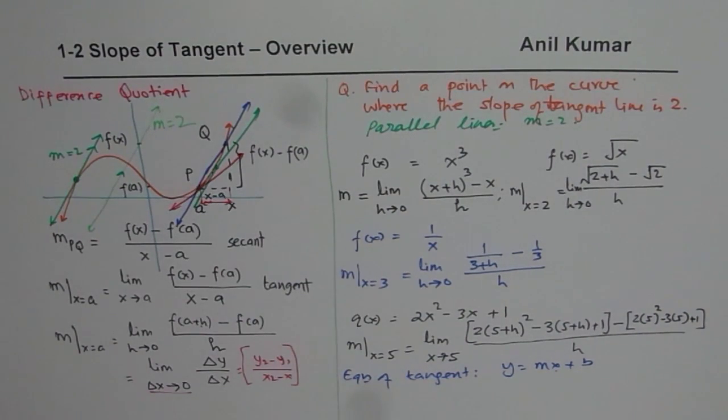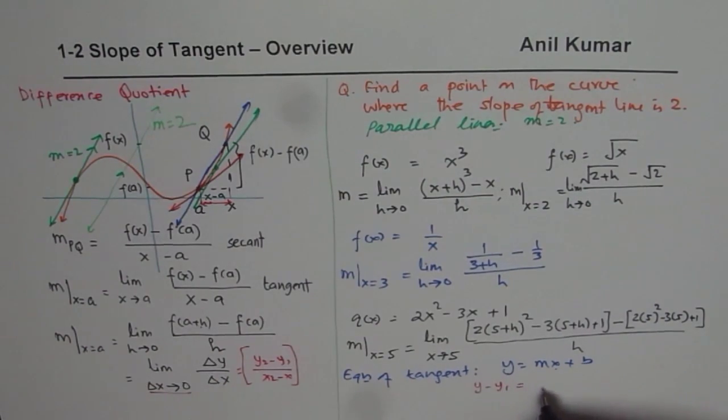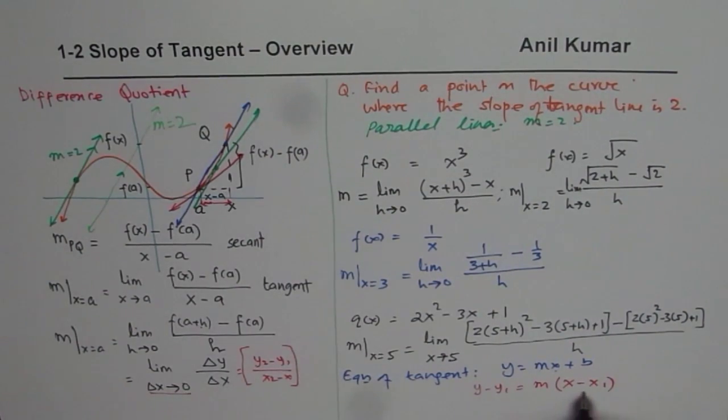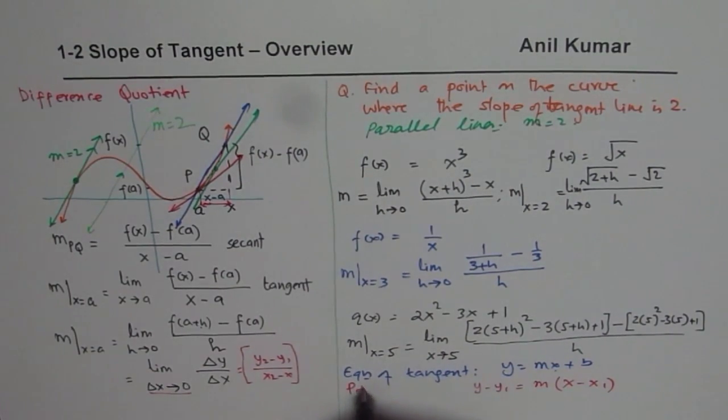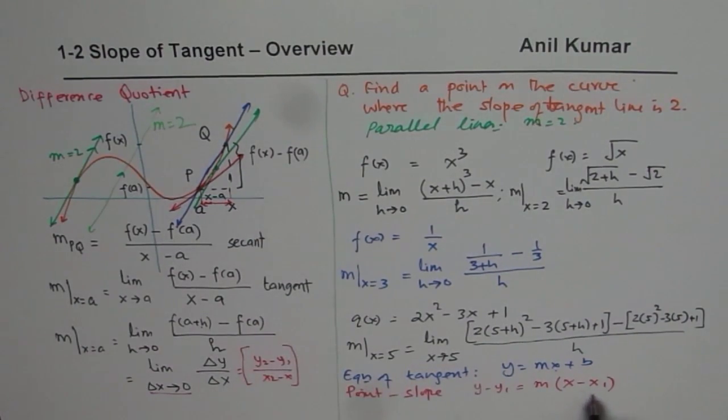You can also use point-slope form, that is y minus y1 equals m times x minus x1, right? So you could use point-slope form to find the equation of the tangent line.